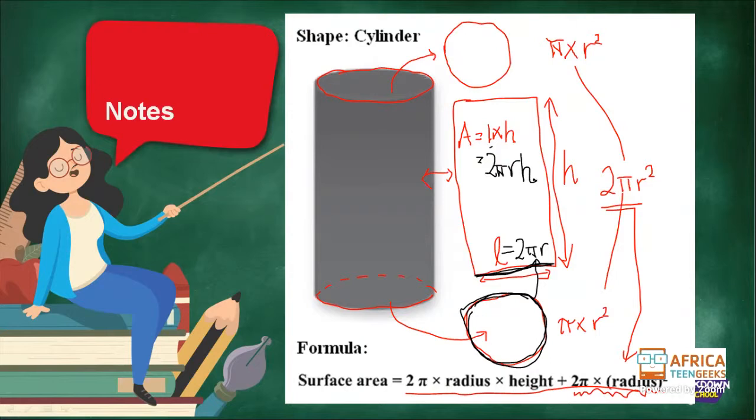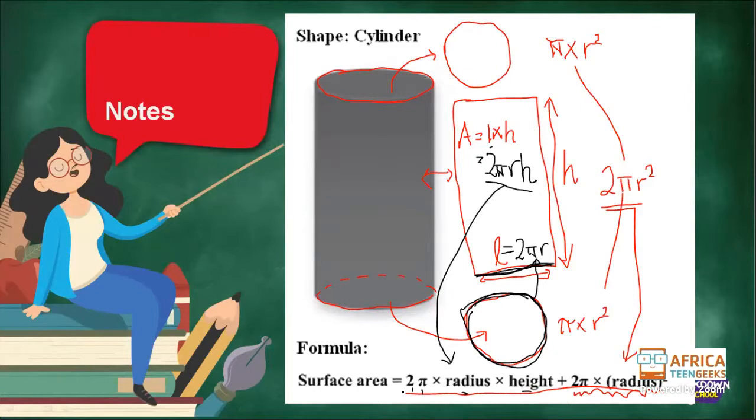Now notice that this is the same as the first part of the surface area: 2 times pi times r times h for height.